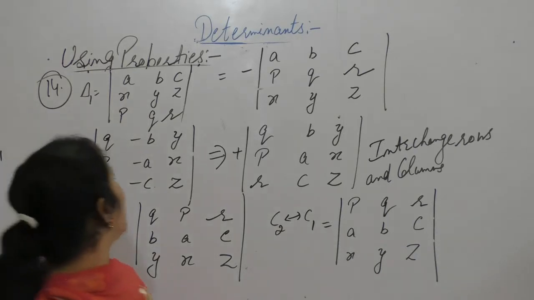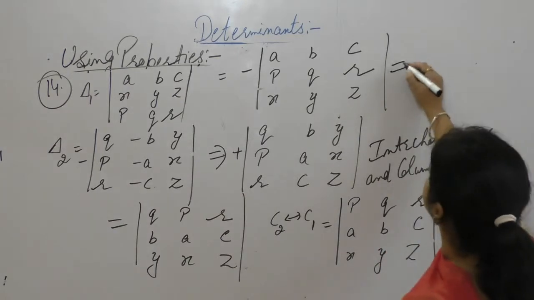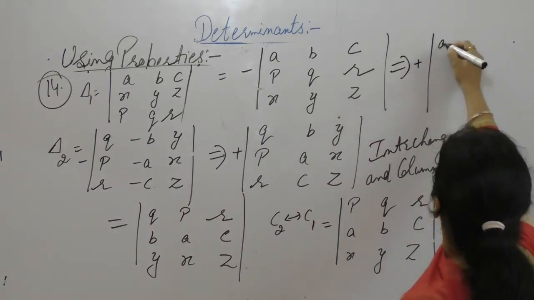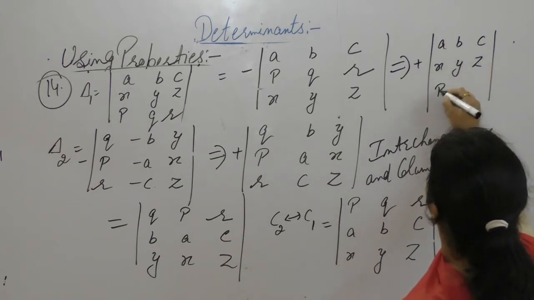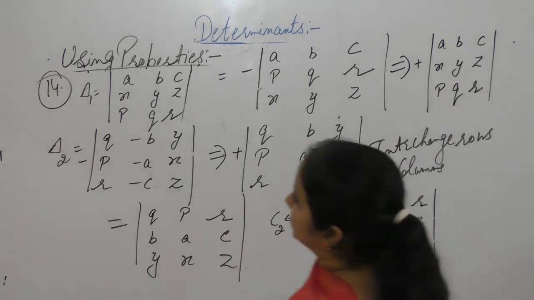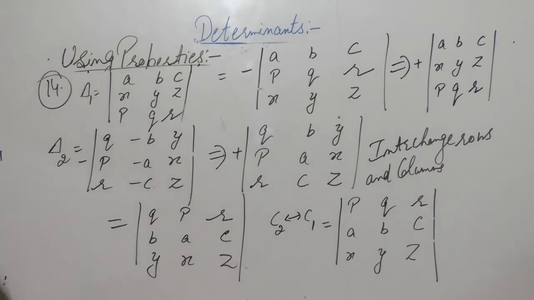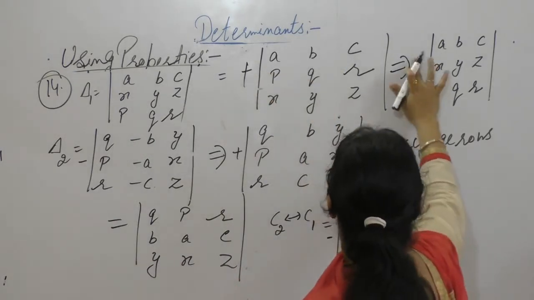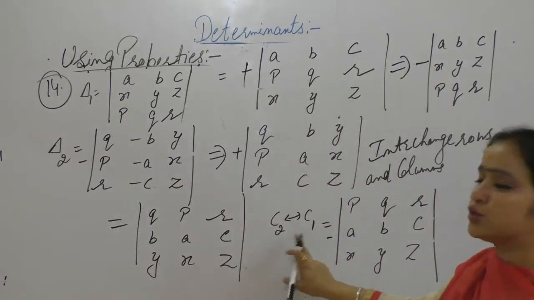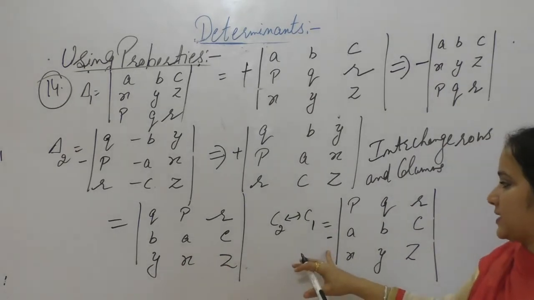Now interchange R2 and R3. When we have interchanged two columns, then there is a negative sign.